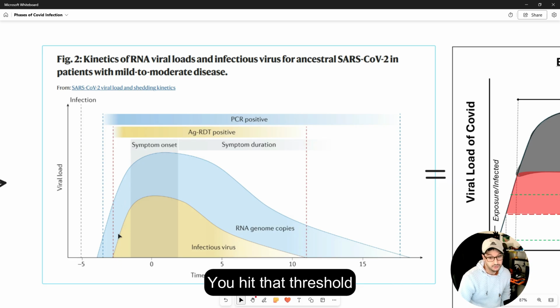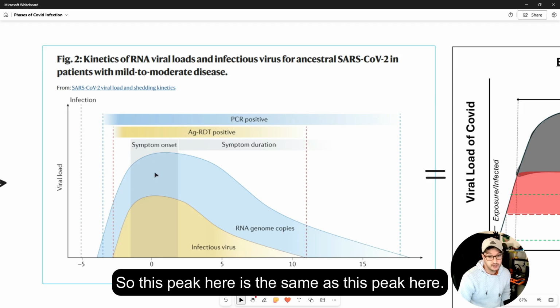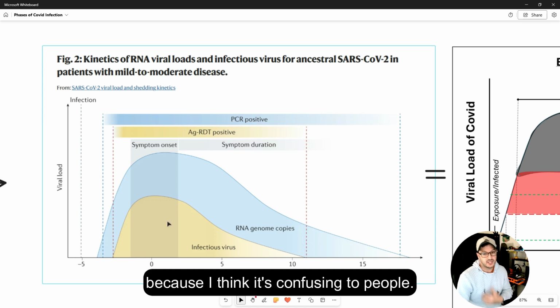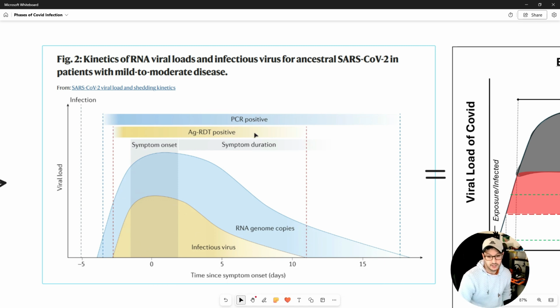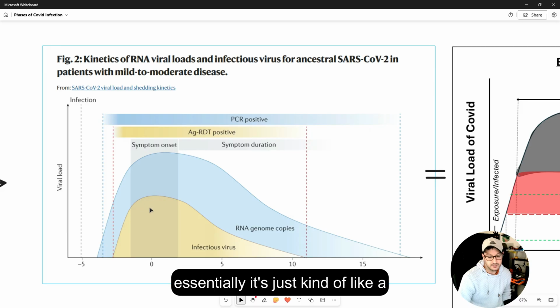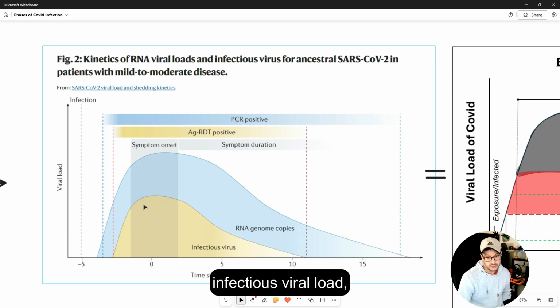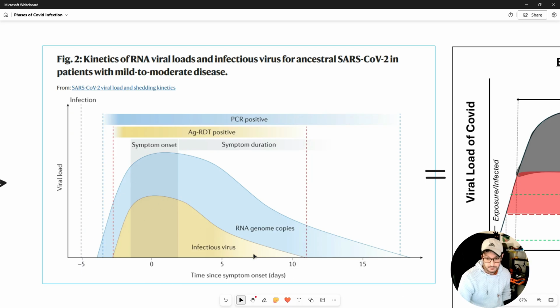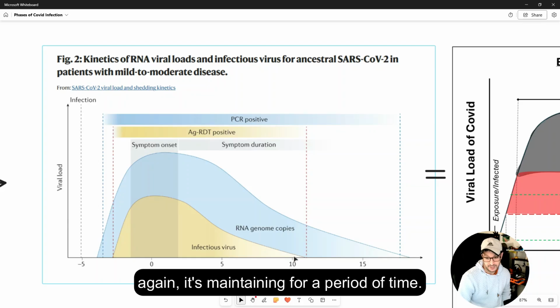You hit that threshold, and then it's increasing. This peak here is the same as this peak here. Again, I wouldn't plot this way myself because I think it's confusing to people seeing it like this. But essentially, it's just kind of like a stepwise. You're increasing infectivity, infectious viral load. And then after that, it's starting to go down. But again, it's maintaining for a period of time.